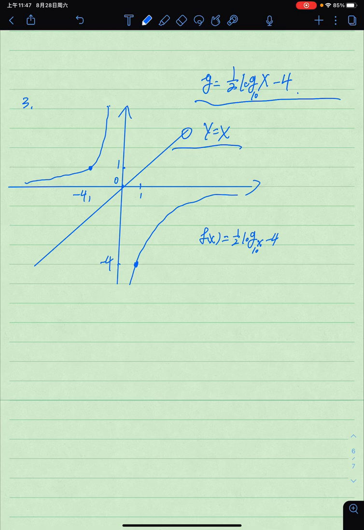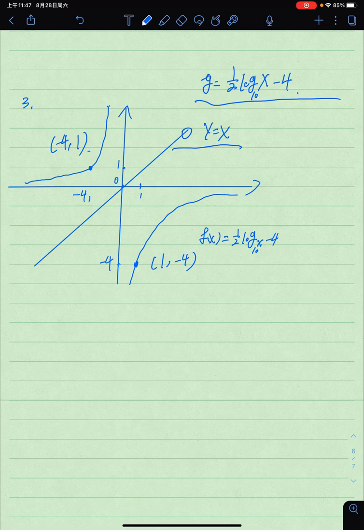The second, we need to graph the inverse function, f inverse of x, by reflecting f of x in the line y equals x. Because the original function passes through the point 1, negative 4, the inverse function should pass through negative 4, 1. So here's the inverse function.